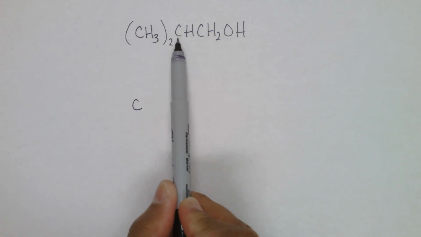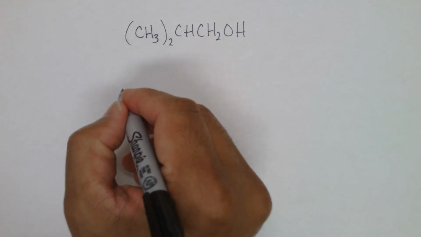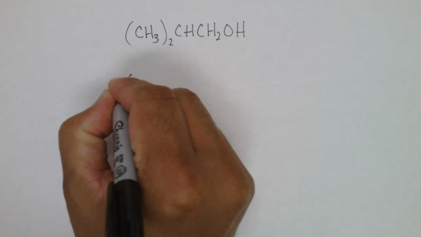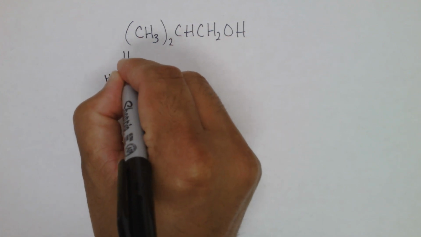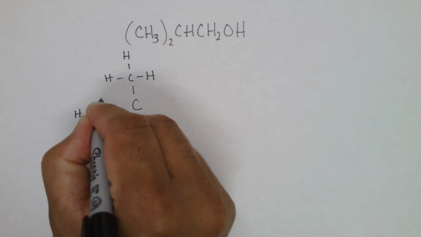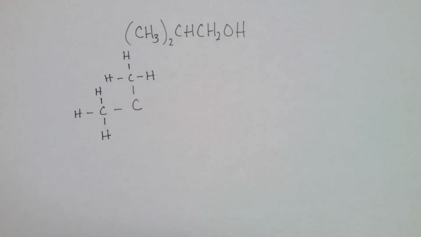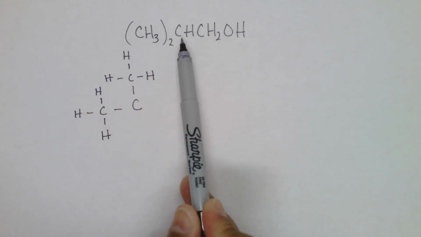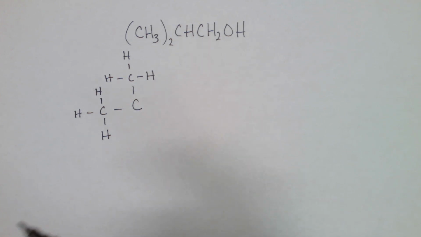And then around this carbon atom, there are these 2 methyl groups, or CH3s. And then after this carbon atom, we have the hydrogen.